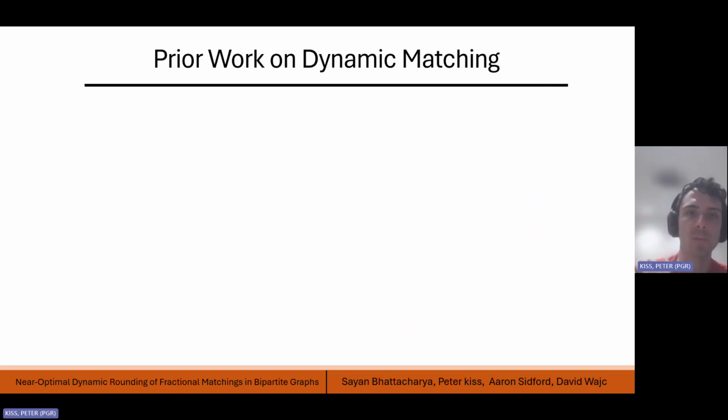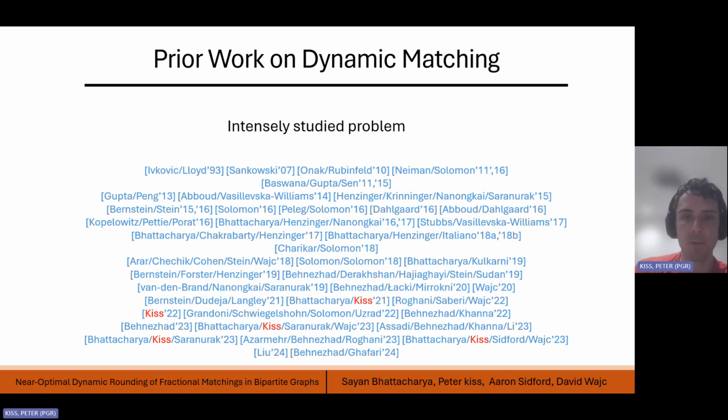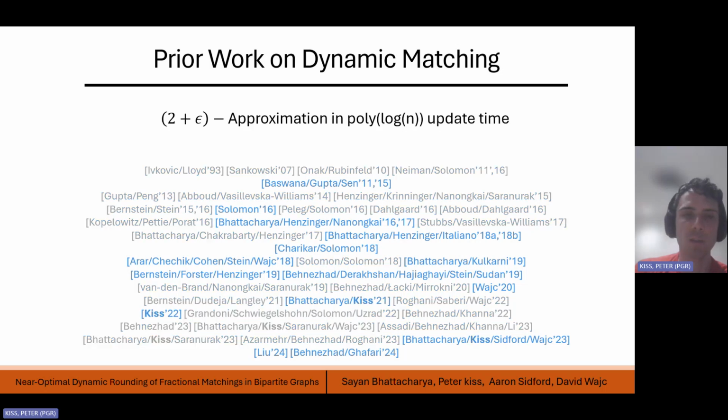So let's just briefly mention prior work on the dynamic matching problem. It is a well-studied problem. The set of papers mentioned here is far from being exhaustive, and solutions can be put in 3 categories. There are a lot of papers focusing on 2 plus epsilon approximate dynamic matching in polylogarithmic update time, which is the best one can hope for in the dynamic regime.